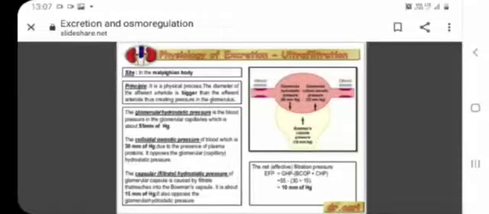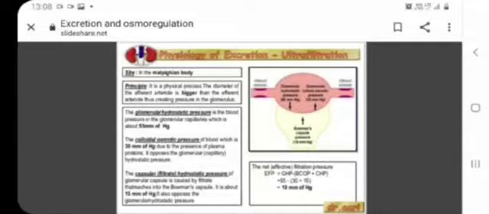The capsular hydrostatic pressure of glomerular capsule is caused by filtrate that reaches into the Bowman's capsule, and it is about 15 millimeters of mercury, as opposed to the glomerular hydrostatic pressure.